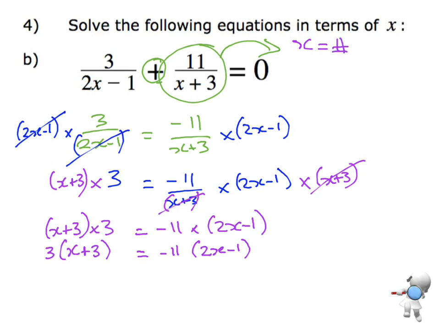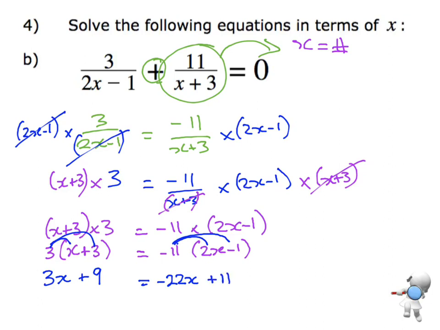Expanding this one out, 3 times x is 3x, 3 times plus 3 is plus 9, minus 11 times 2x is minus 22x, and minus 11 times minus 1, minus times minus is plus, so 11 times 1 is plus 11.